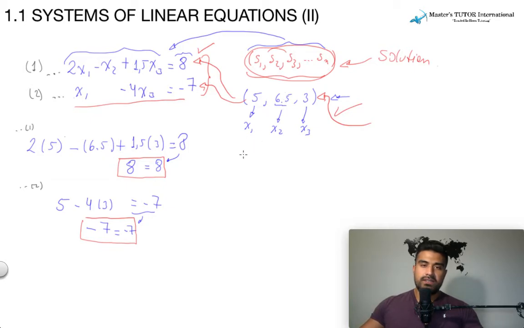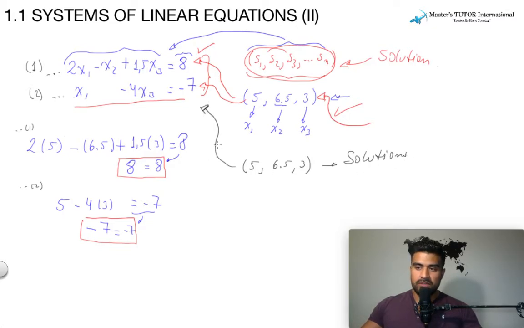So, in this case, we say that 5, 6.5, and 3 are the solutions of this system of linear equations, or linear system.